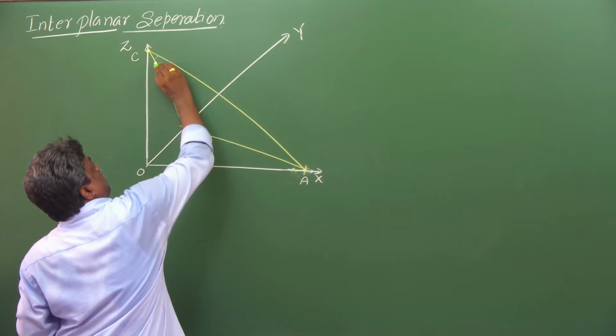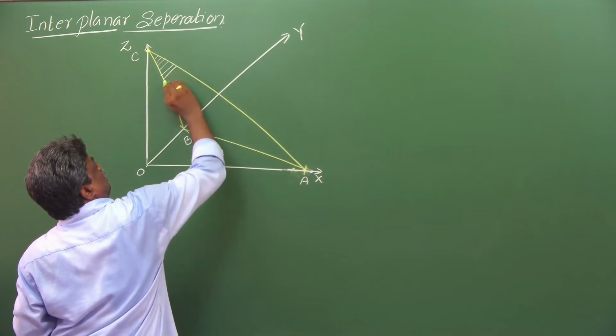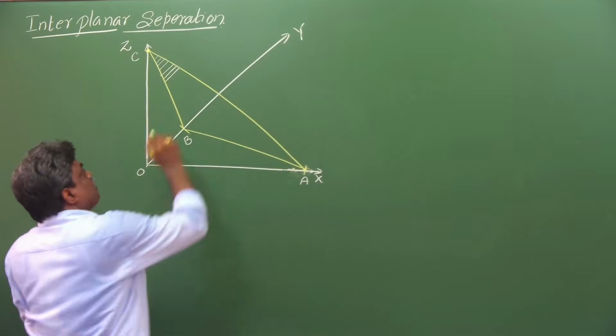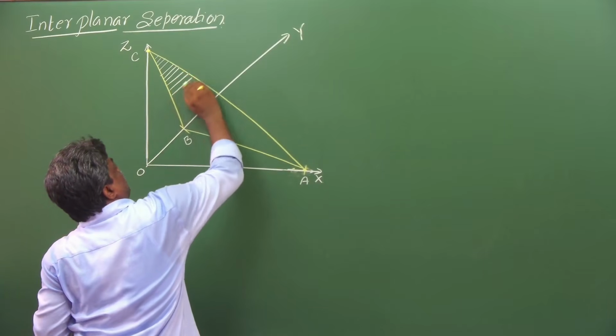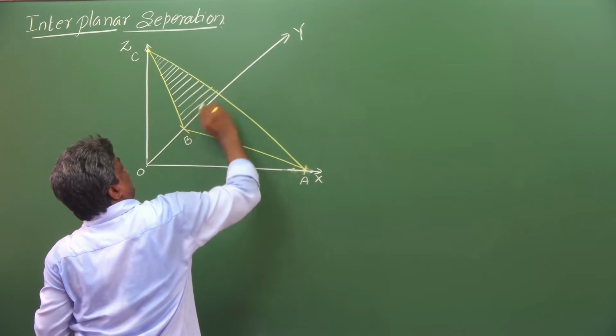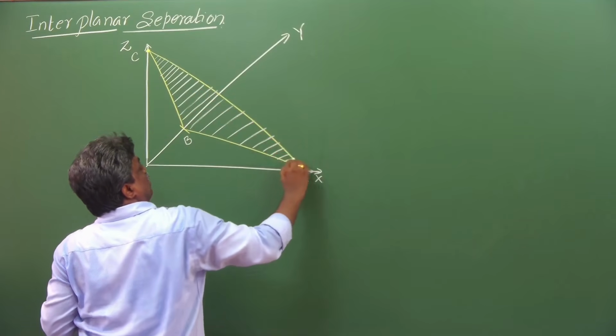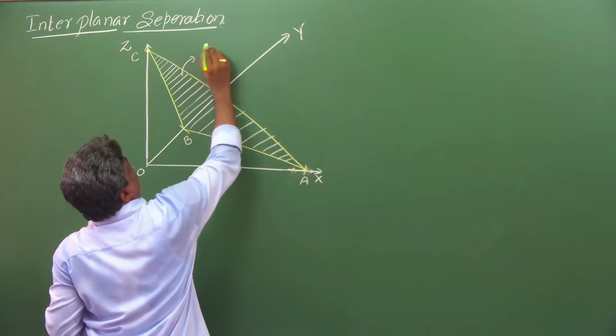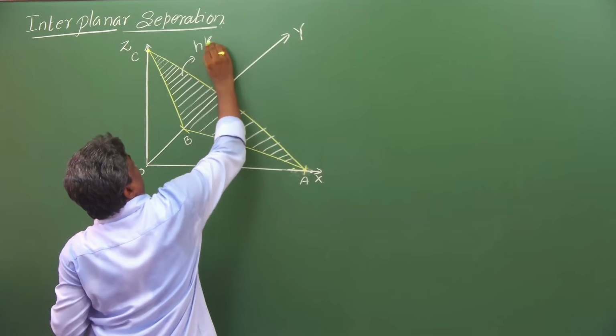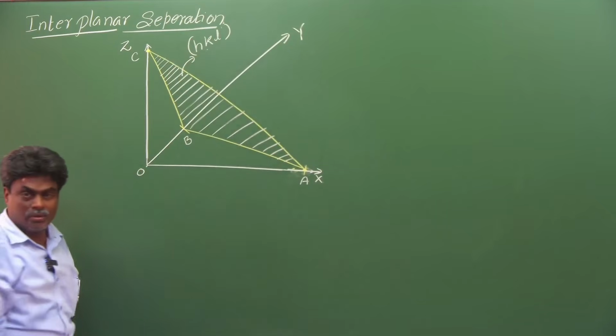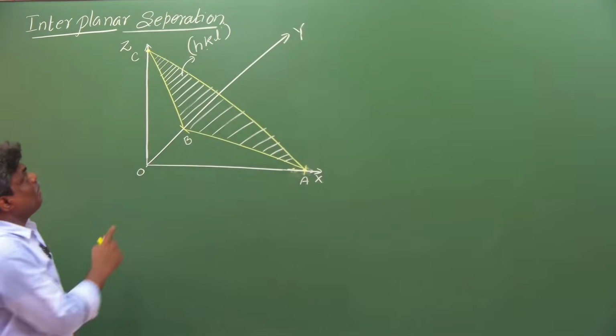And this is the plane I have taken. One more plane is at the origin. Now this plane is represented by the Miller indices H, K, L. Say yes or no? And now I have taken a system.